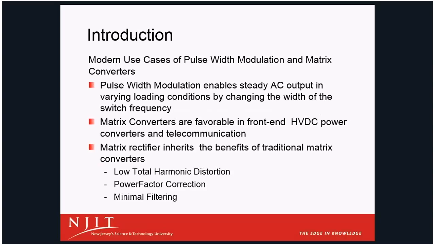They utilize bidirectional controlled switching to achieve conversion from AC to DC or AC to AC, any combination of the two. An alternative to the matrix converter, or subset, if you will, is the PWM rectifier. They come in many different configurations.